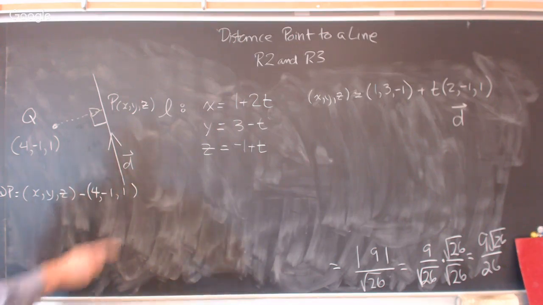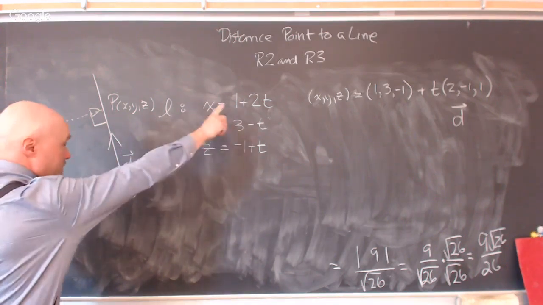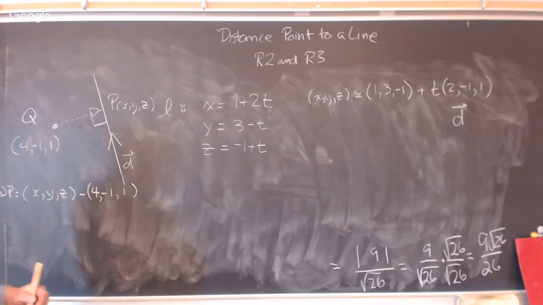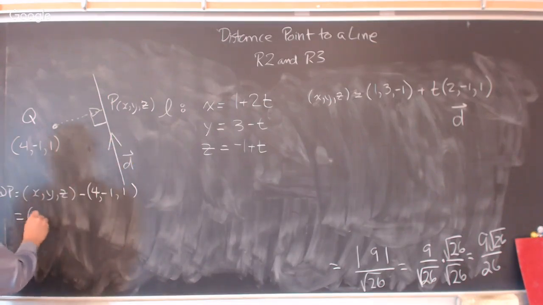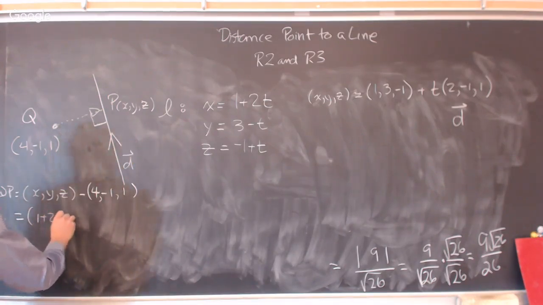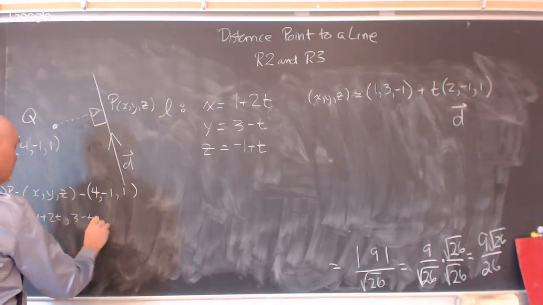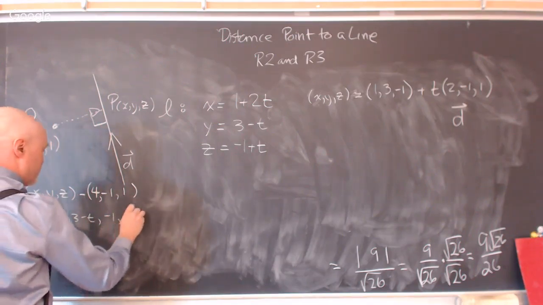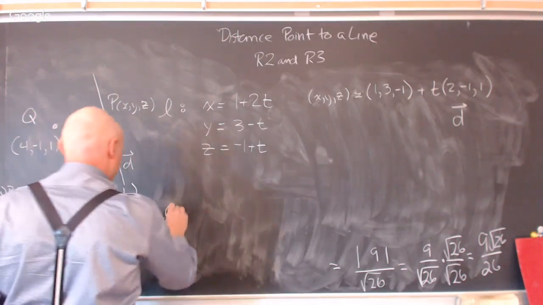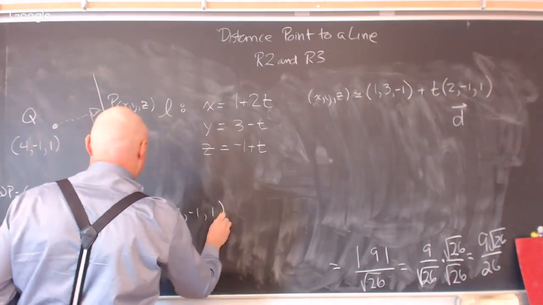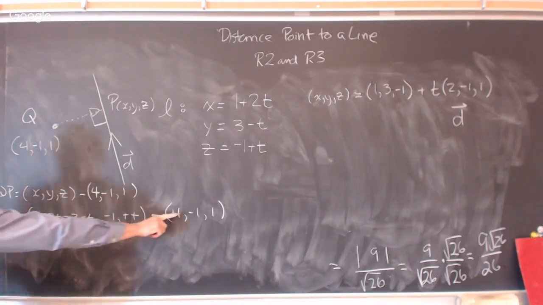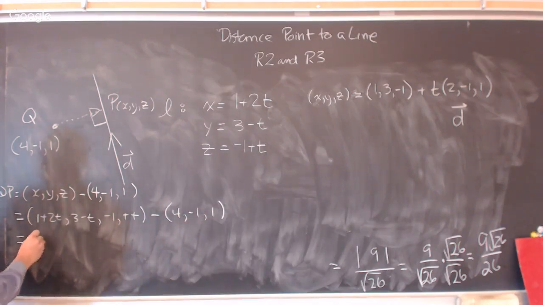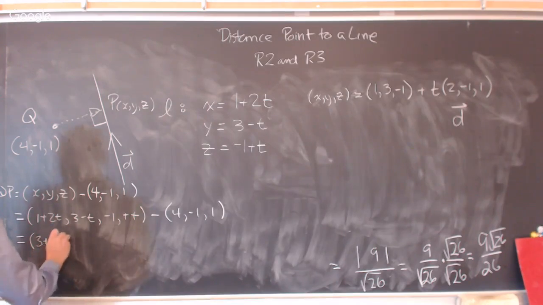All right. But let's express x, y, and z in parametric form so that we get this down to one variable. So this is 1 plus 2t, 3 minus t, and negative 1 plus t, minus 4, negative 1, 1. Okay. 1 plus 2t minus 4 is negative 3 plus 2t.